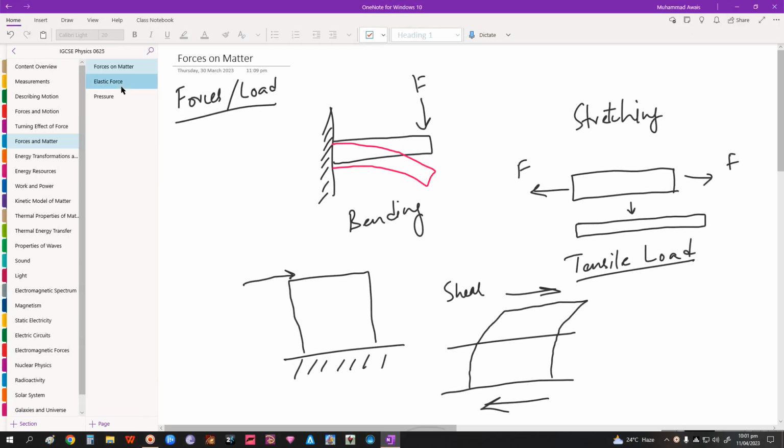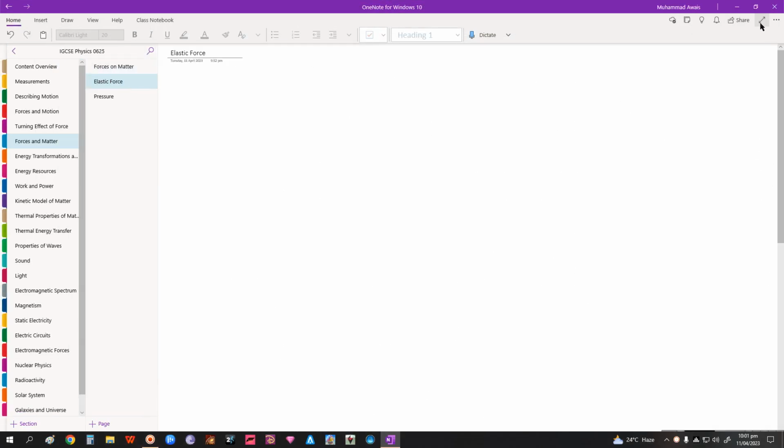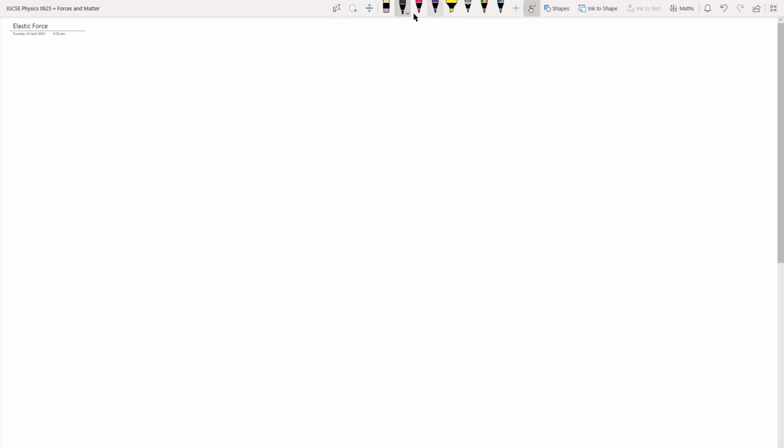Now we're going to go into a deeper and more detailed topic in this section, which is the elastic force, right? And what is elastic force? As I just gave you the example, let's say we have a piece of metal, and we stretch it on both ends.